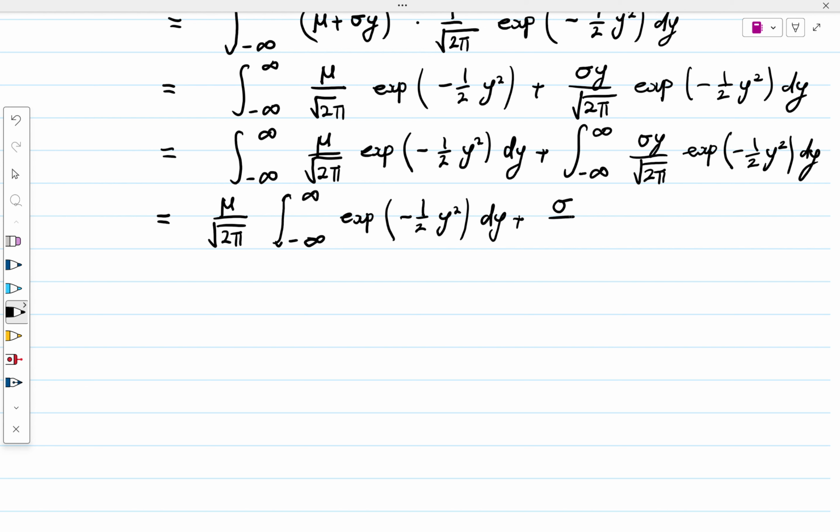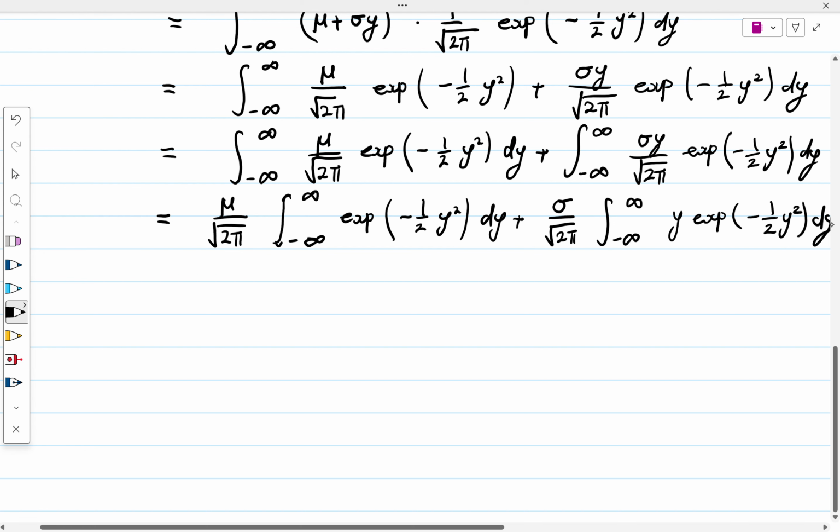We can take that out as a constant at the front of the integral, negative infinity to infinity of y exp of negative a half y squared dy.